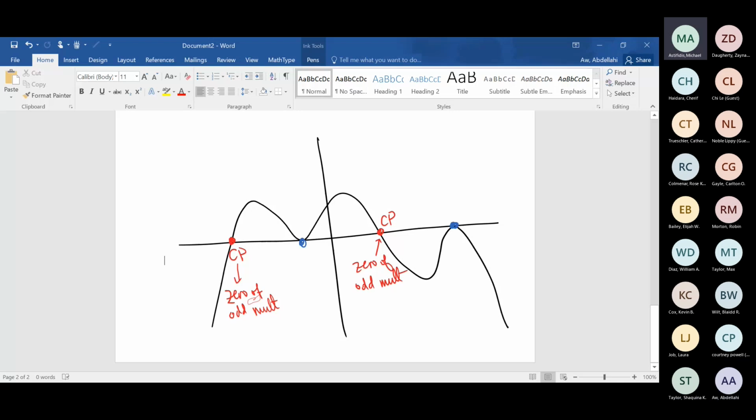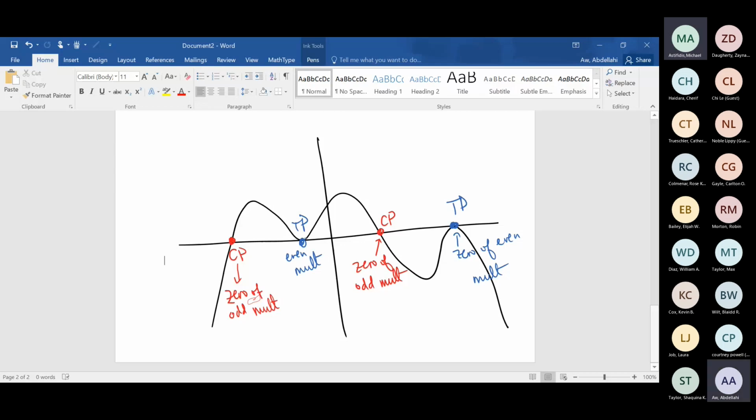Okay? The 2 in blue, they are turning points, which means a 0 of even multiplicity, right? And this is a 0 of even multiplicity. Okay?